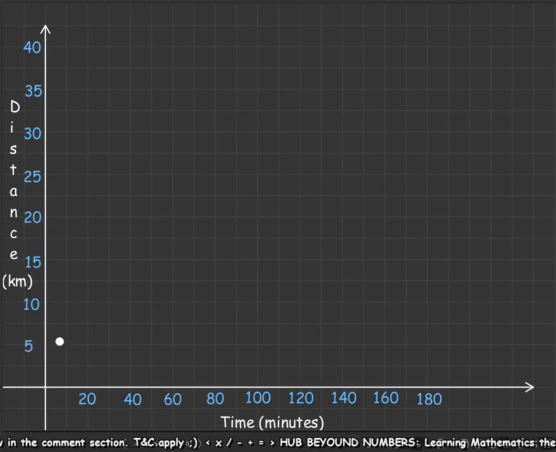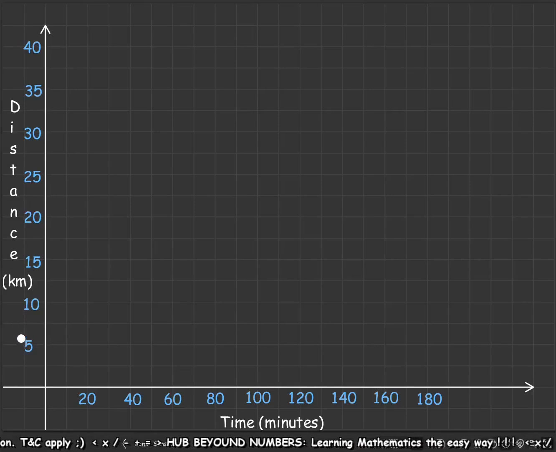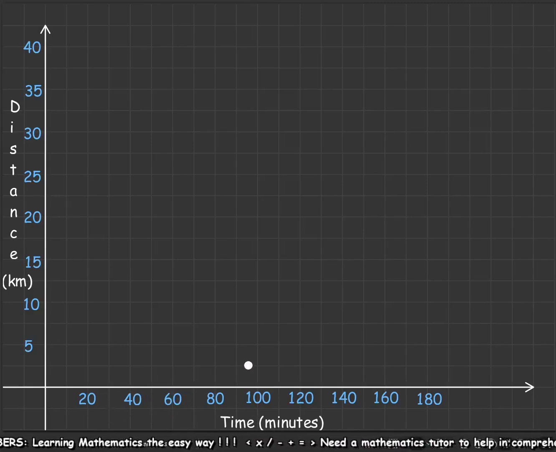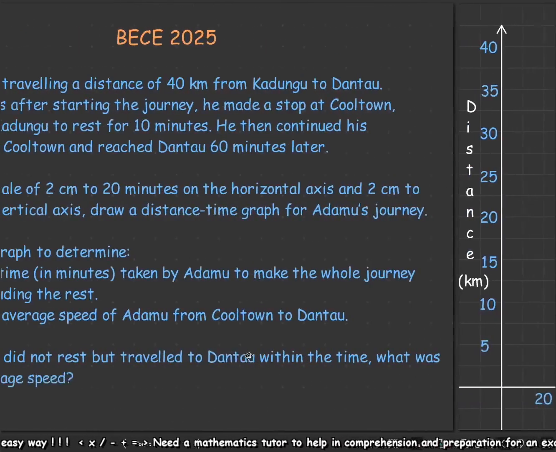That is for every 2 centimeters, I'm using 5 kilometers, just as we're told to do in the question. And then on my horizontal, for every 2 centimeters, I'm using 20 minutes. So with that said, let's look at how we can represent the information on this graph.